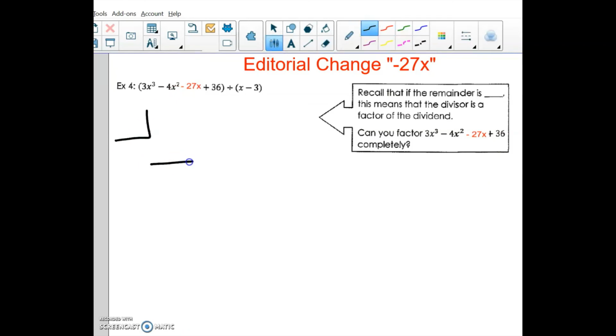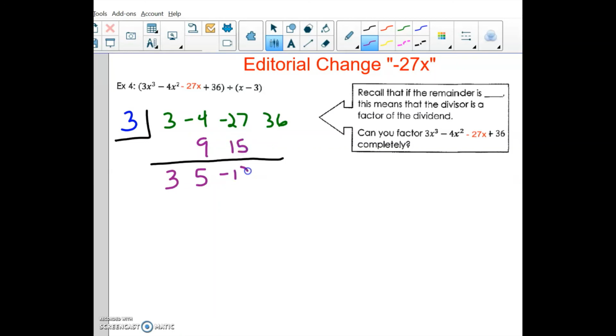Let's set up our synthetic division. We'll get a 0 of 3. Our coefficients are 3, negative 4, negative 27, and 36. We'll bring down our 3. 3 times 3 is 9. Negative 4 plus 9 is 5. 3 times 5 is 15, giving us negative 12.